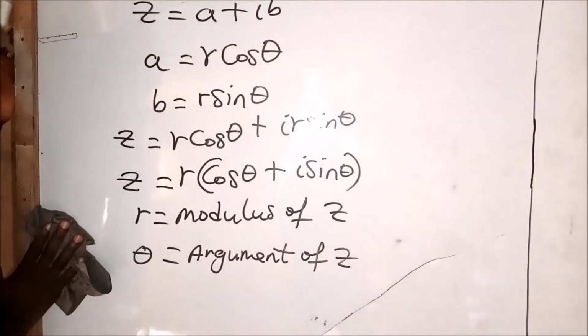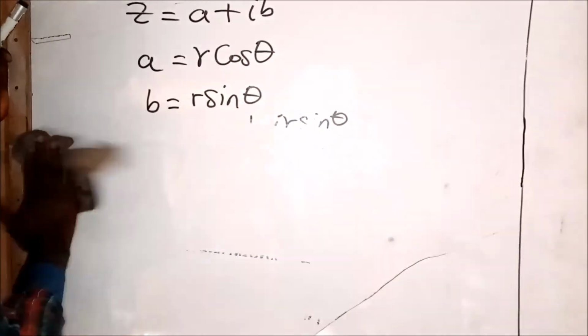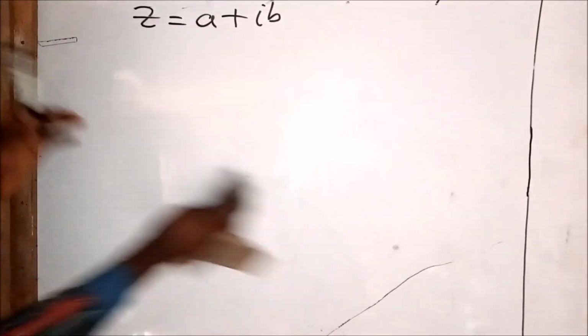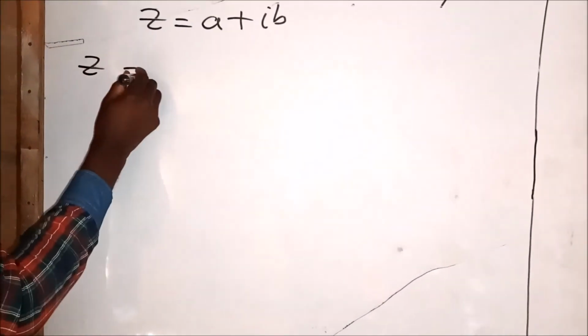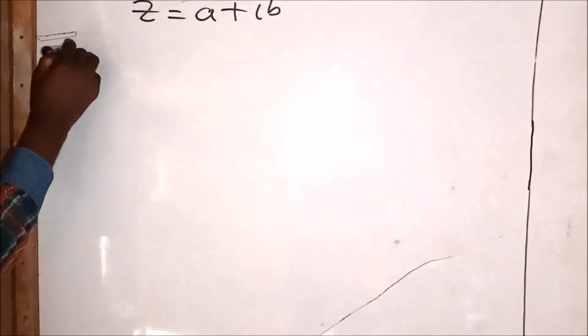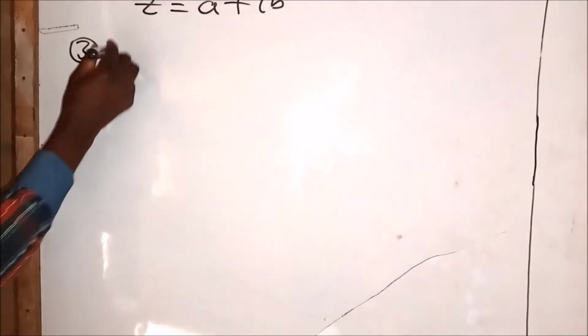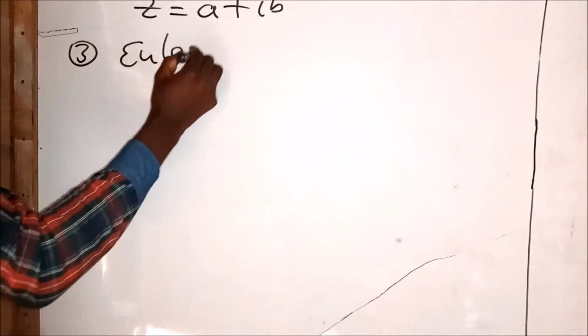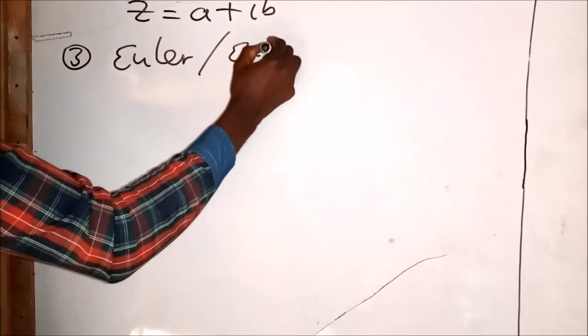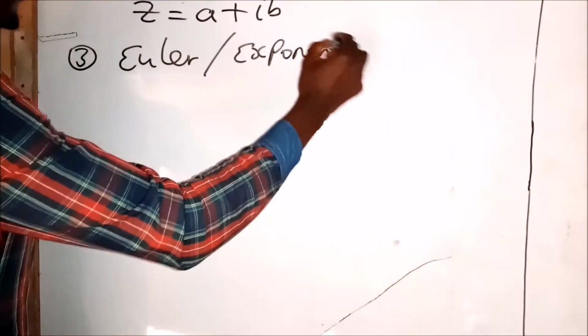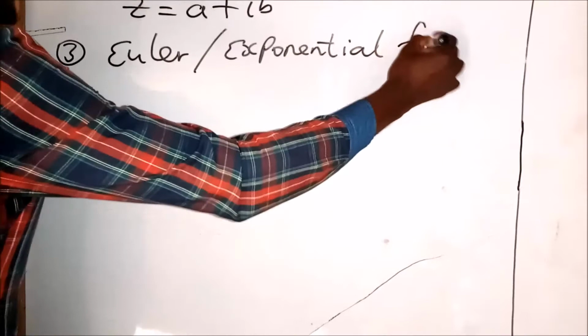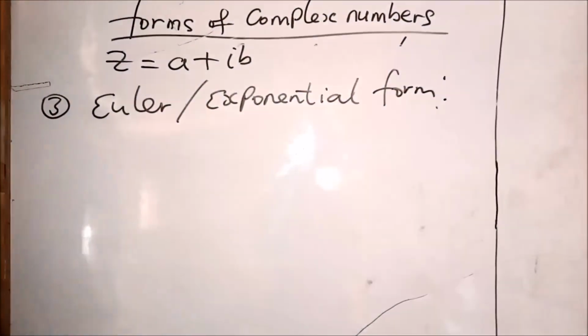Now the third form of complex number is called Euler or exponential form. Exponential or Euler form.